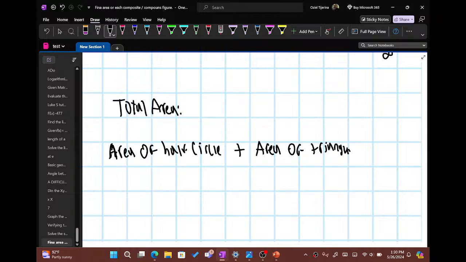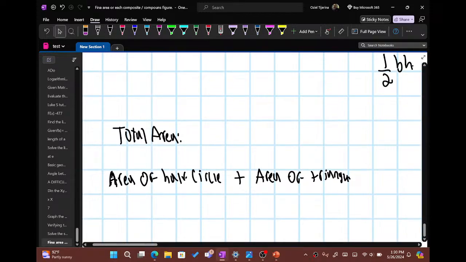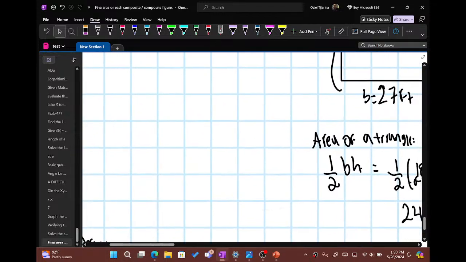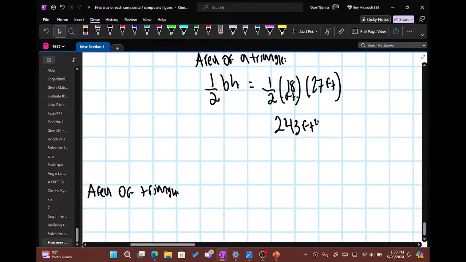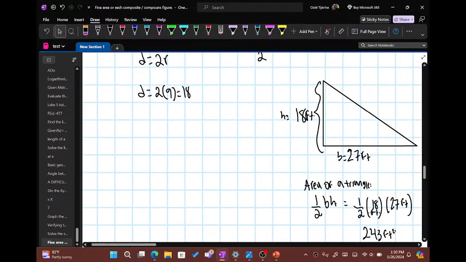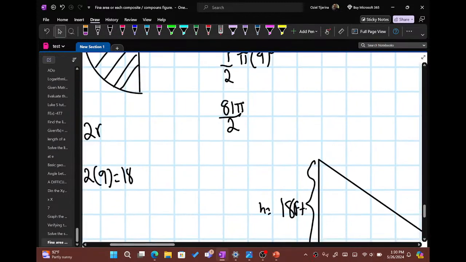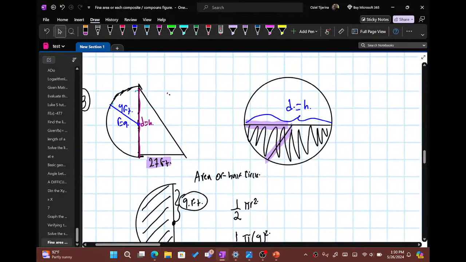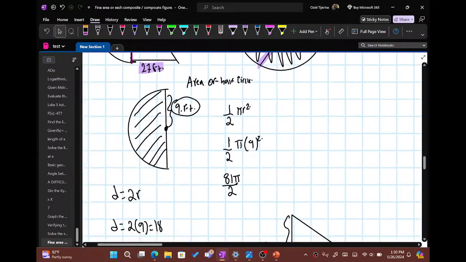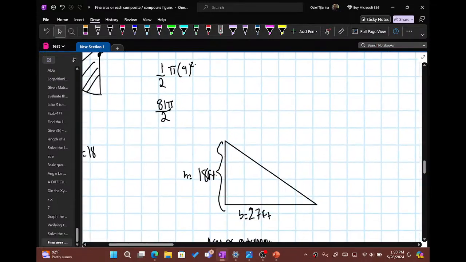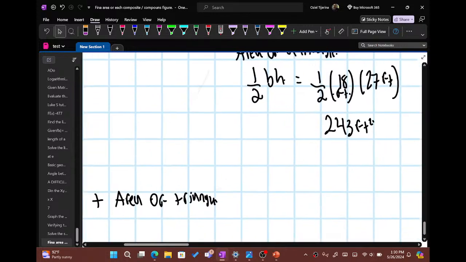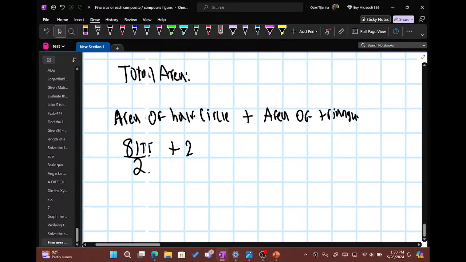So again, the area of half the circle was 81 pi over 2. And plus the area of the triangle, which was 243 feet squared.